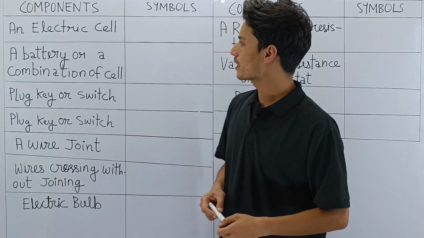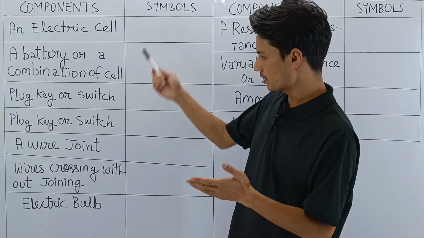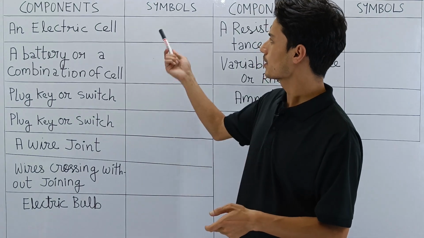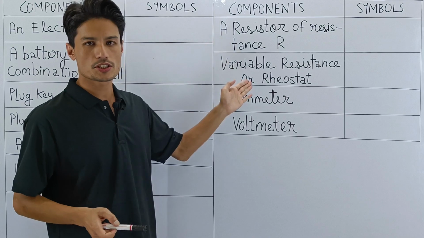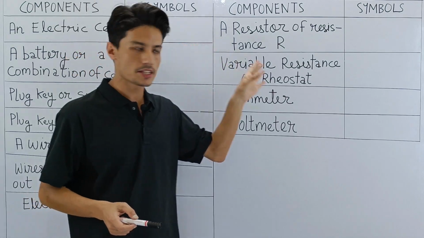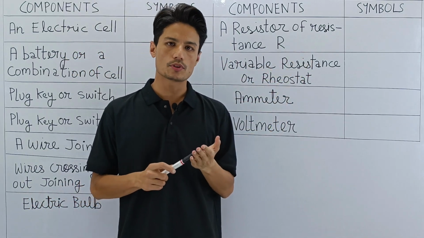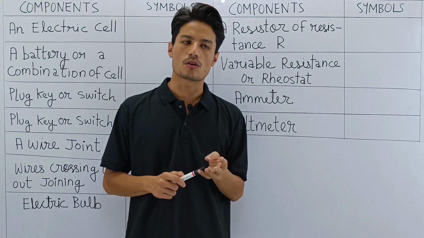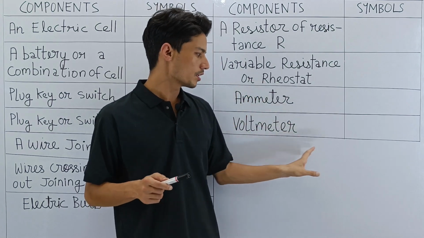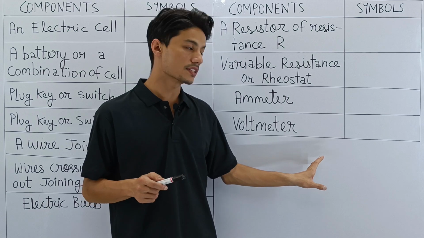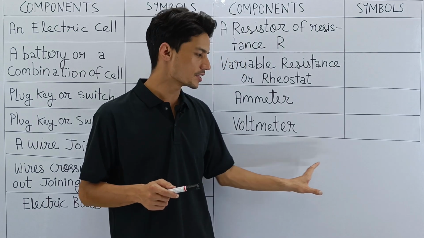In today's class, we'll be learning about symbols and components. In the first session, in the initial minutes, we'll be learning some common symbols or standard symbols, which are required because in this chapter we'll be learning how to draw circuit diagrams, electric circuits and all that.